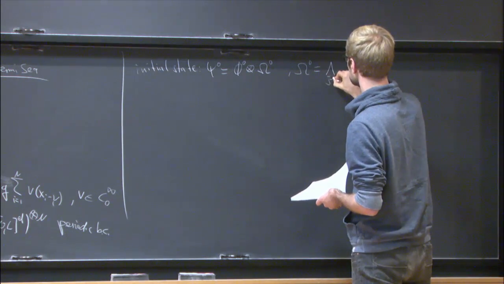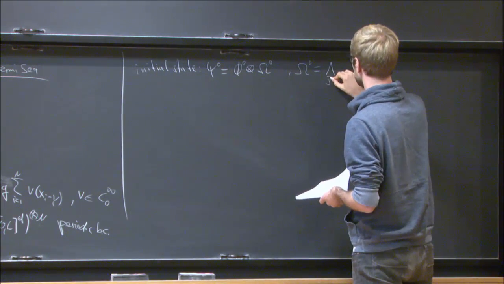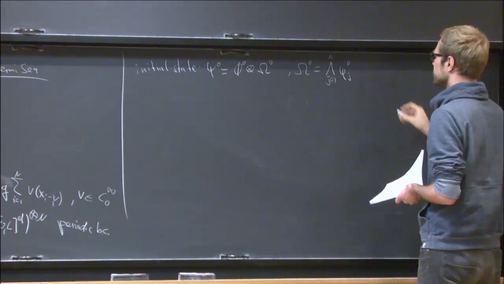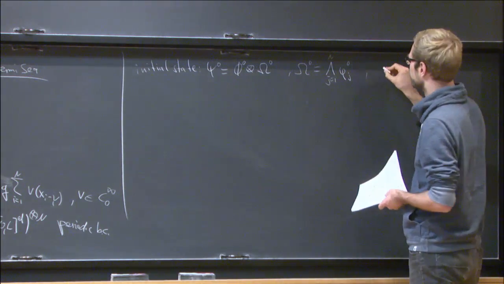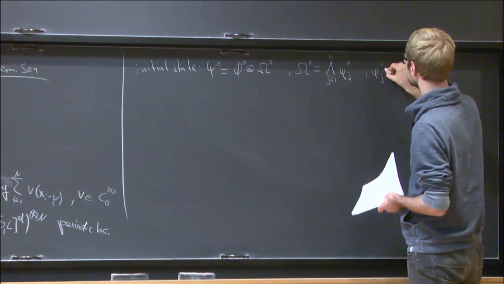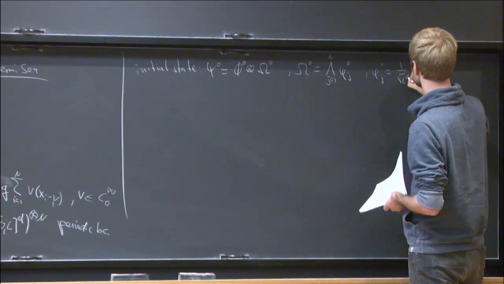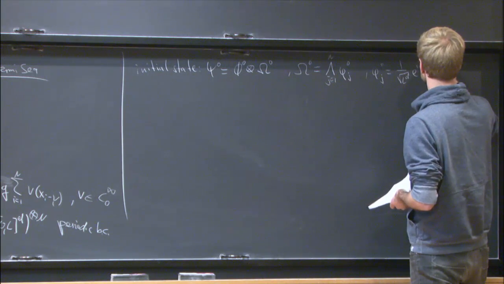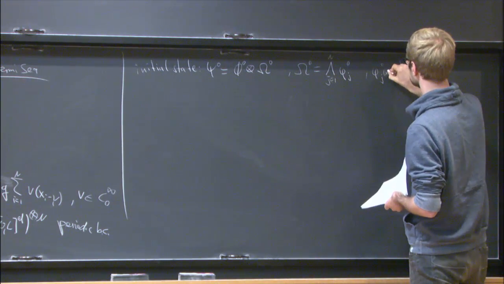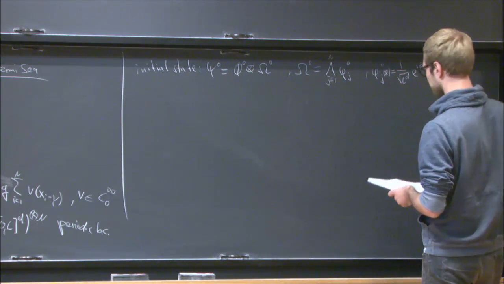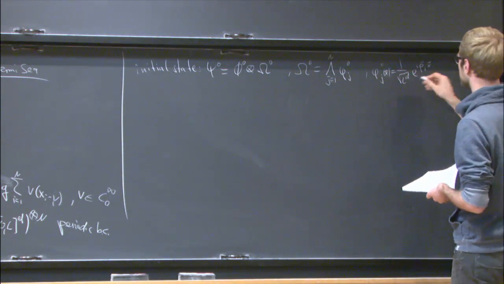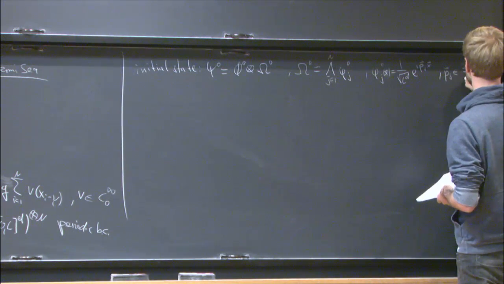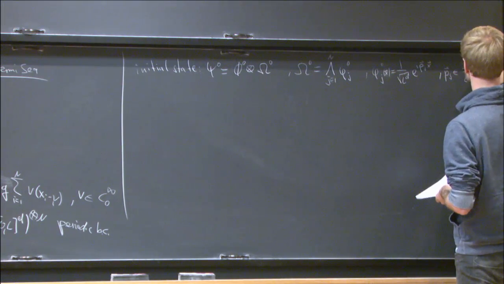Let me denote that by this wedge, j equals 1 to n of phi j zeros, where the phi j zeros are just plane waves in a box. Plane waves. Yes, the eigenstates in a box. So 1 over square root L to the d e to the i pj x. That's phi j of x. And yeah, of course, with momenta pj in 2 pi over L Z^d, say.